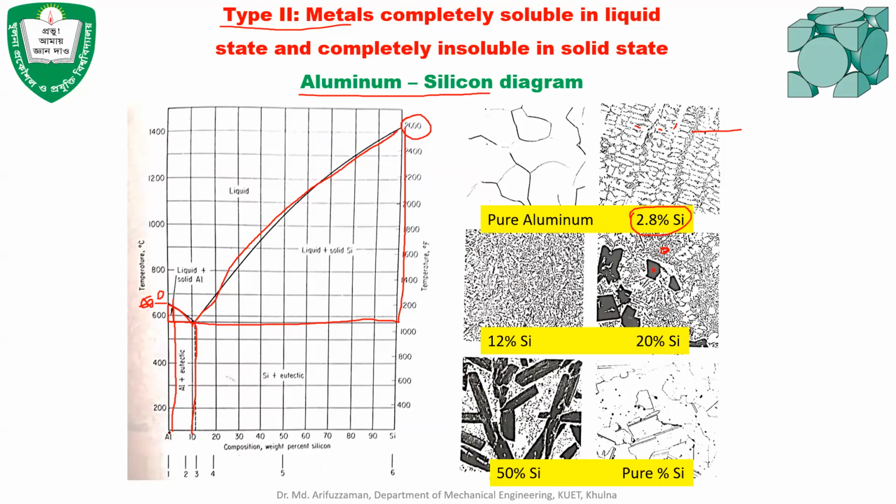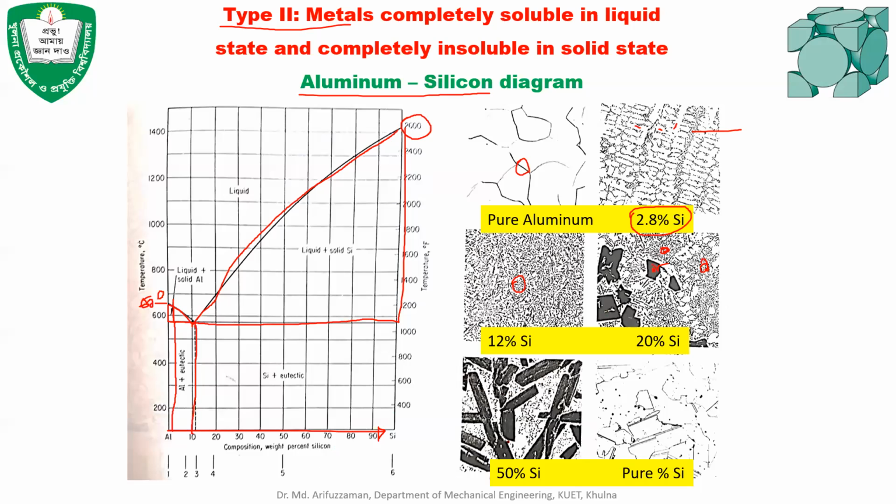That means when you move from this point to that point in this direction, at first there is 100% aluminum. Then when you add silicon, you will find the aluminum-silicon mixture. You add more silicon, you will get the 100% eutectic mixture. Then you add more silicon, and you will start to find silicon grains with the eutectic mixture.